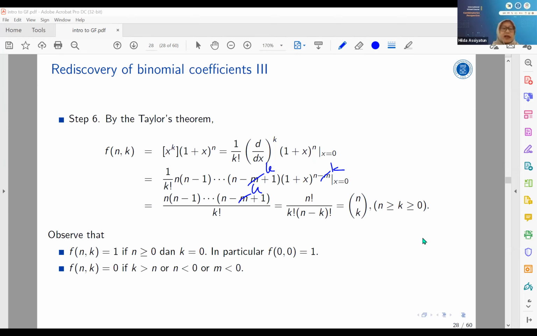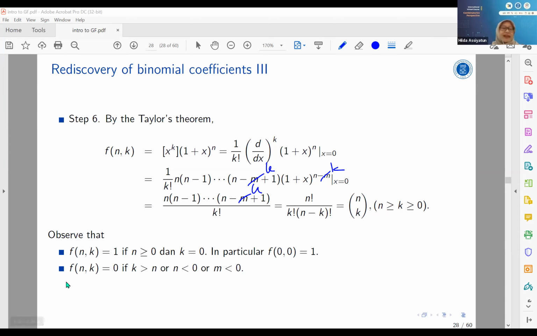We observe here that our sequence f(n,k) equals 1 if n is at least 0 and k equals 0, meaning that we are talking about the empty subset. In particular, f(0,0) is 1, so the number of empty subsets of an empty set is 1.